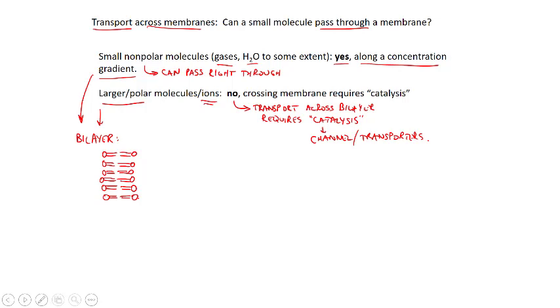So if something is going to simply pass right through this bilayer, what it has to do is, through diffusion, it must encounter the lipid bilayer and then just under thermal motion work its way through the bilayer and then across on the other side. We'll say that this is side A and this is side B.